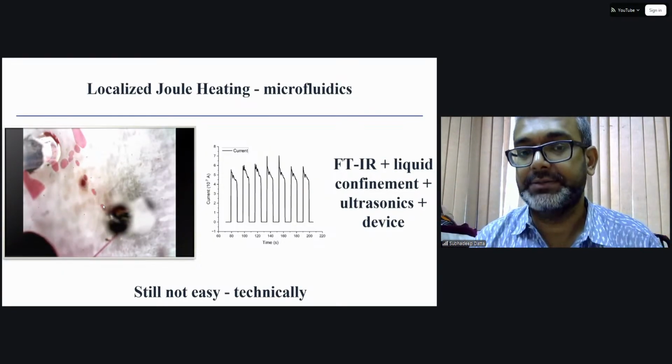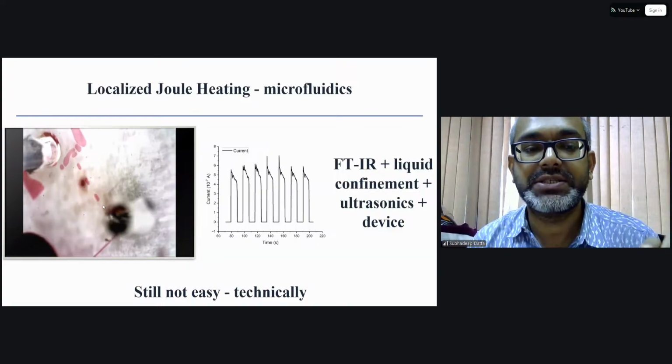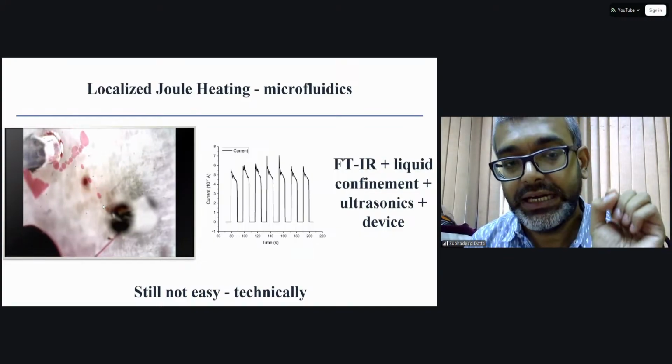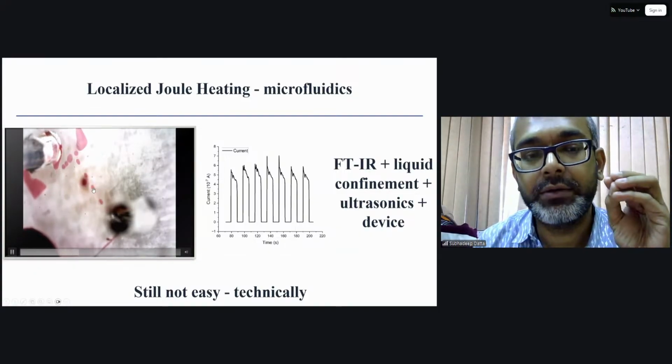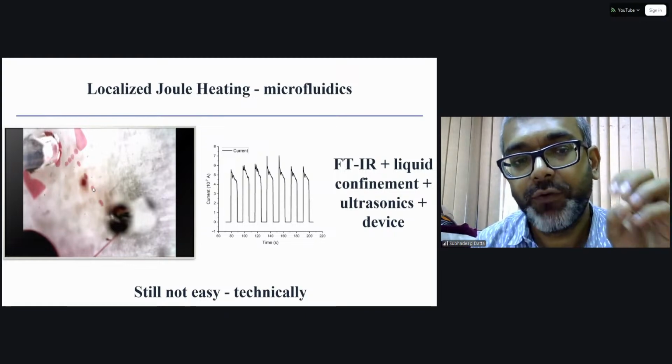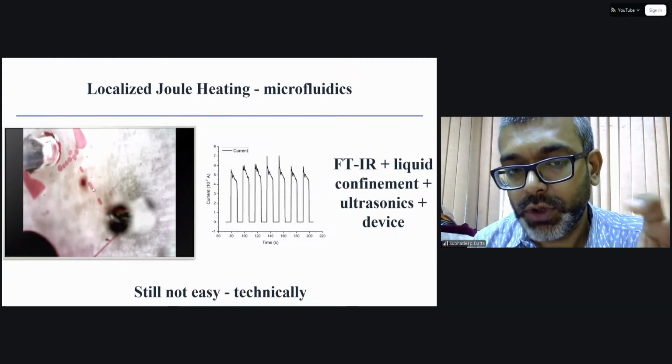Can we detect that in microfluidics? Because this is in the picoliter regime. We have calculated this volume. We can get picoliter volumes of liquid.